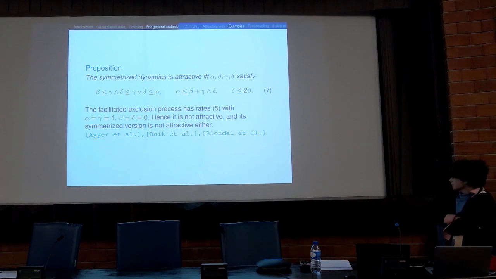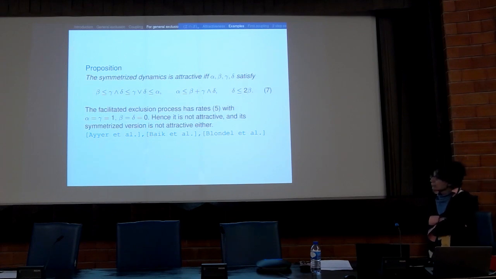And what we could notice, for instance, is that if we look at something which has been much studied recently and is still studied, which is the facilitated exclusion process, it has those rates with beta equal to delta equal to 0, and alpha equal to gamma equal to 1.